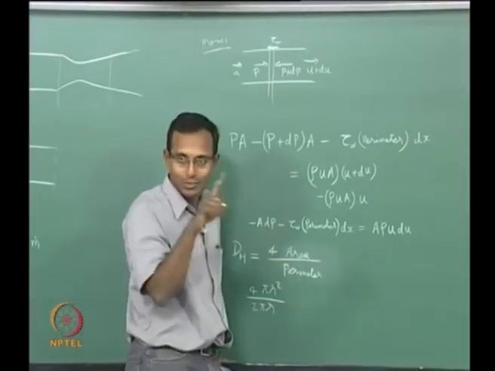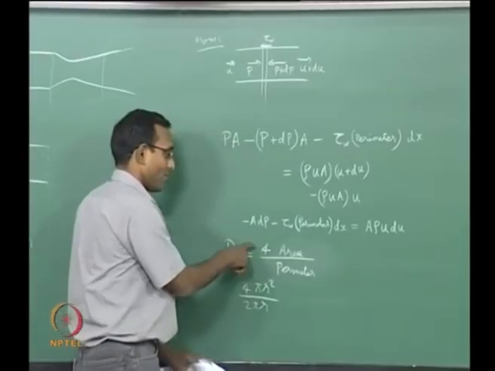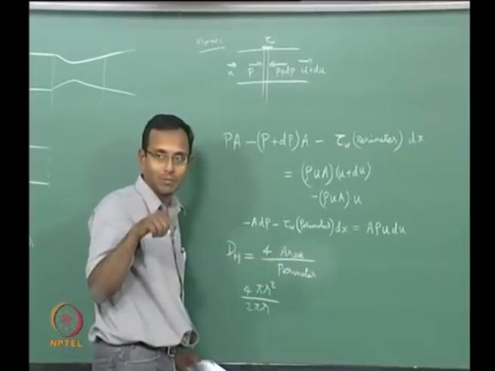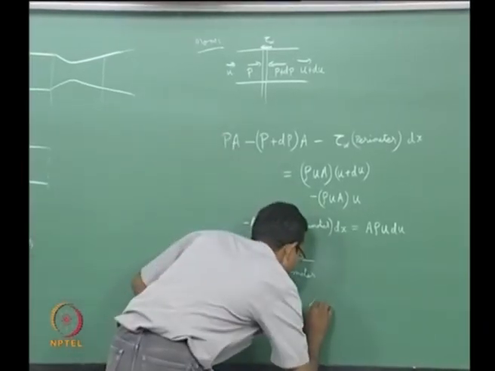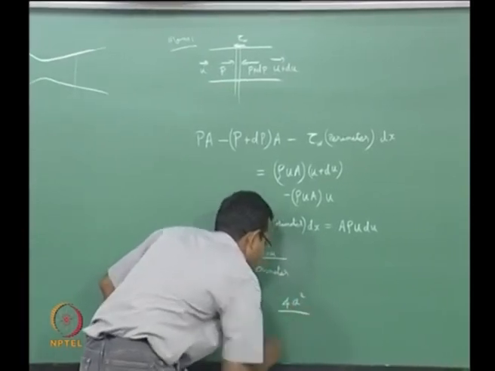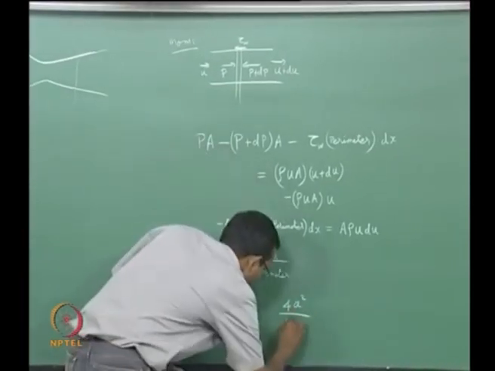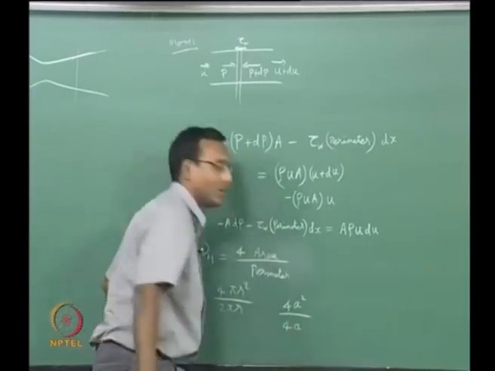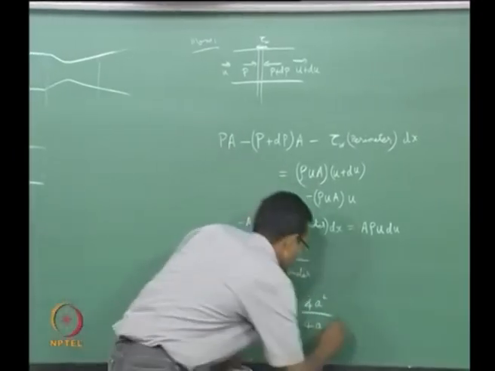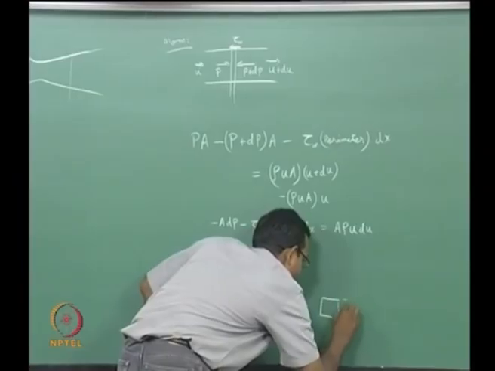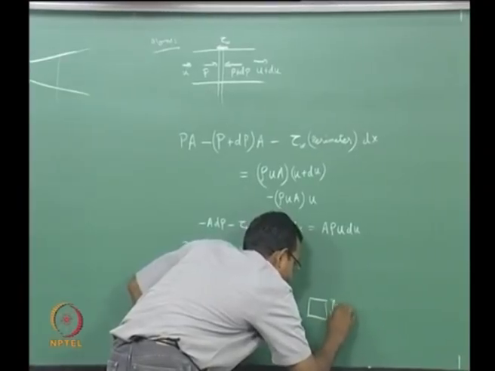If I take a square cross section, then I am going to have 4 into some area, some side is a, let us say 4 into a square divided by 4a. So, it is going to give me a. So, if I think of a square cross section, this is my hydraulic diameter.